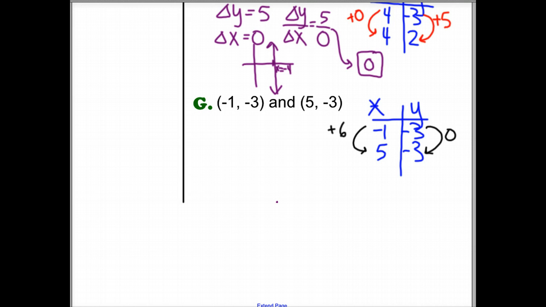So I'll write that over here. Change in y is 0, and our change in x is 6. Now we want to write this as the change in y over the change in x. So we have 0 over 6, which equals 0.